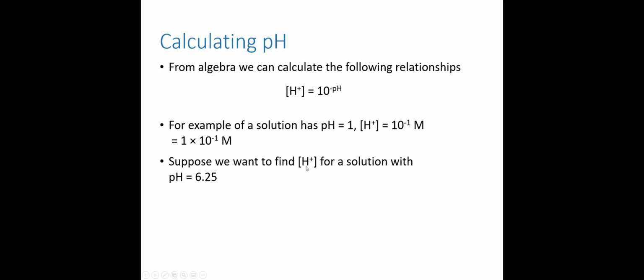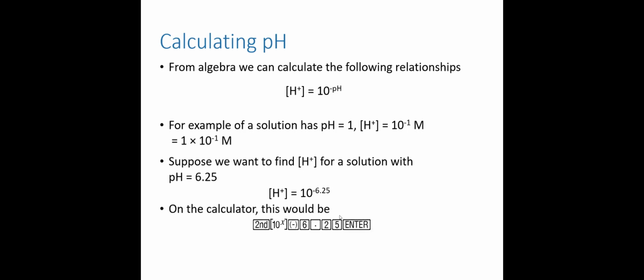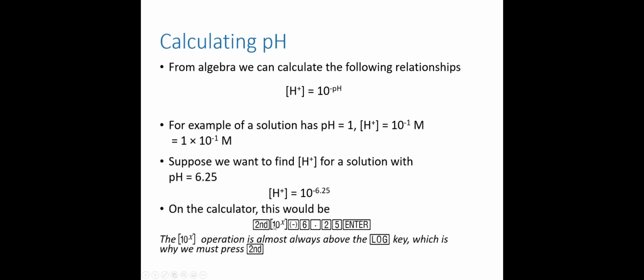So let's say we wanted to find proton concentration for a solution with pH of 6.25. All you have to do is use your calculator and say take the anti-log, that would be 10 to the negative of that number. So 10 to the negative 6.25. So in the calculator, the way we could do this is we could say second 10 to the x, and I want to note that the 10 to the x operation, the anti-log, is most commonly right above the logarithm key.